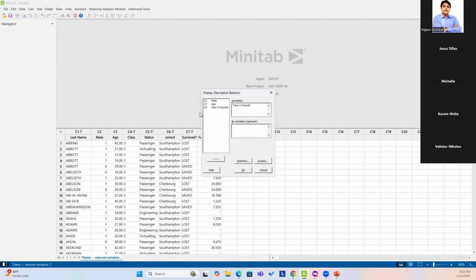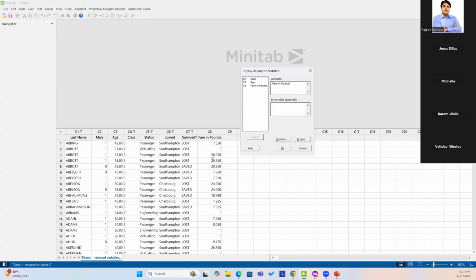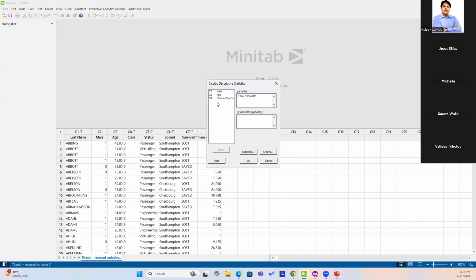When I do descriptive statistics, it will only give variables which have numbers. You can see fare in pound; all the values are numerical. Age is a numerical value, and male and female is binomial, male or female, 0 or 1. That's why you can only see three variables here.